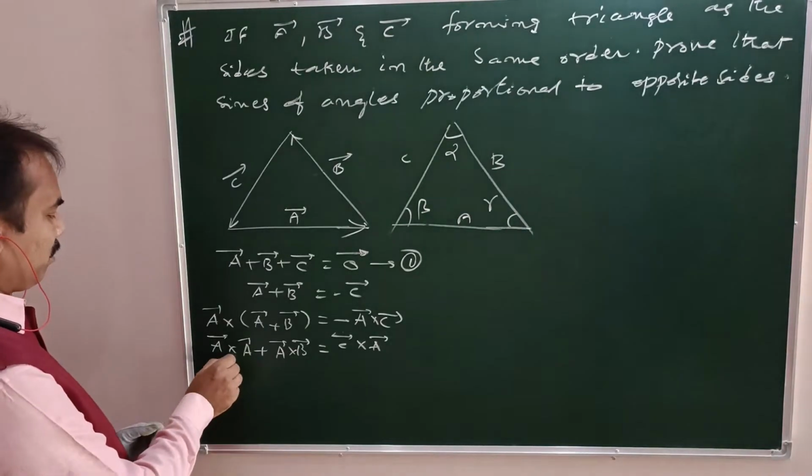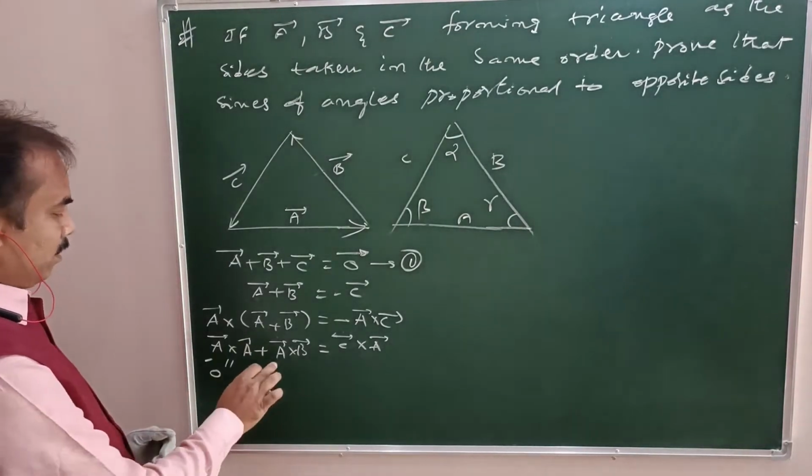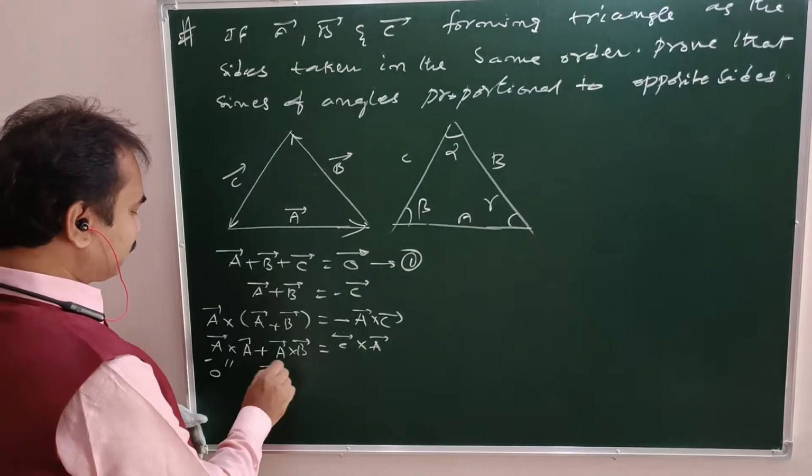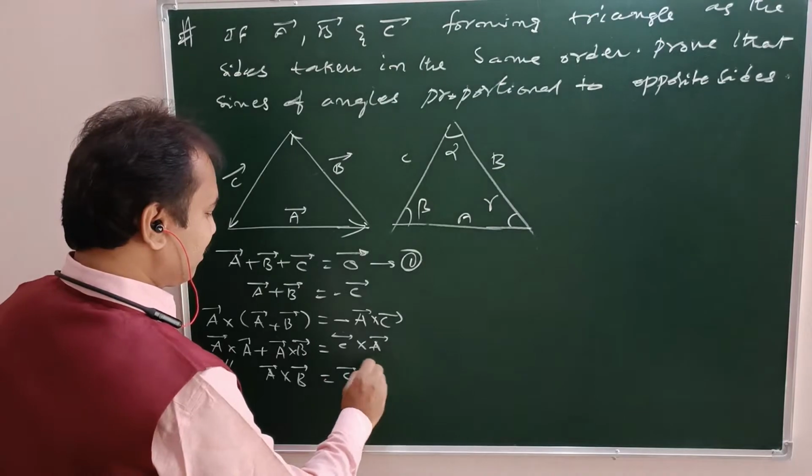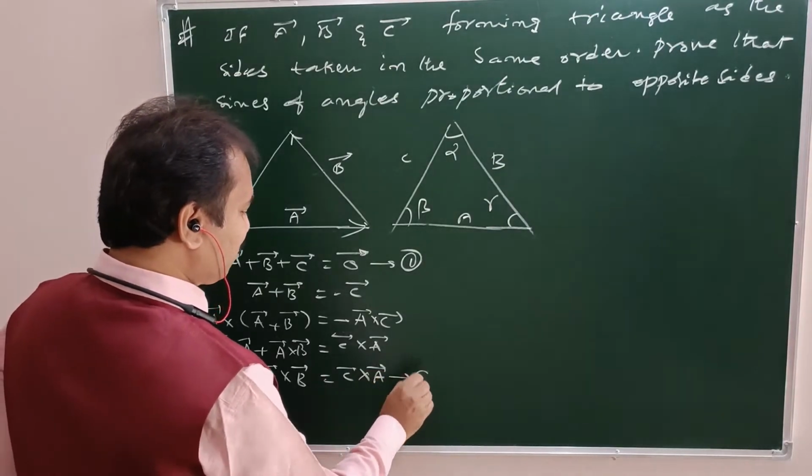A cross A is 0 bar. We are left with A cross B equal to C cross A. This is number 2.